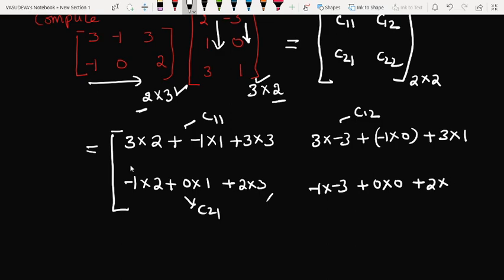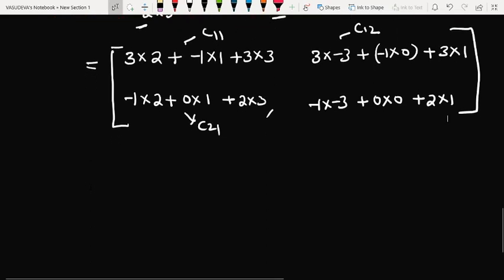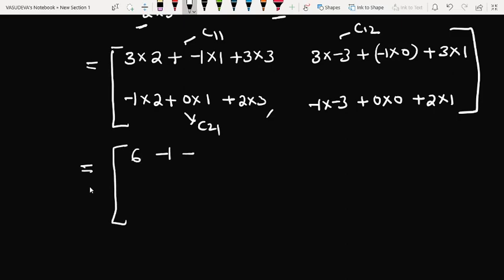Now simplifying this, 3 into 2 is 6, minus 1, plus 9. Plus into minus is minus 6, minus 1, plus 9. This is minus 9, and minus 1 plus 0 is 0, plus 0 plus 3.